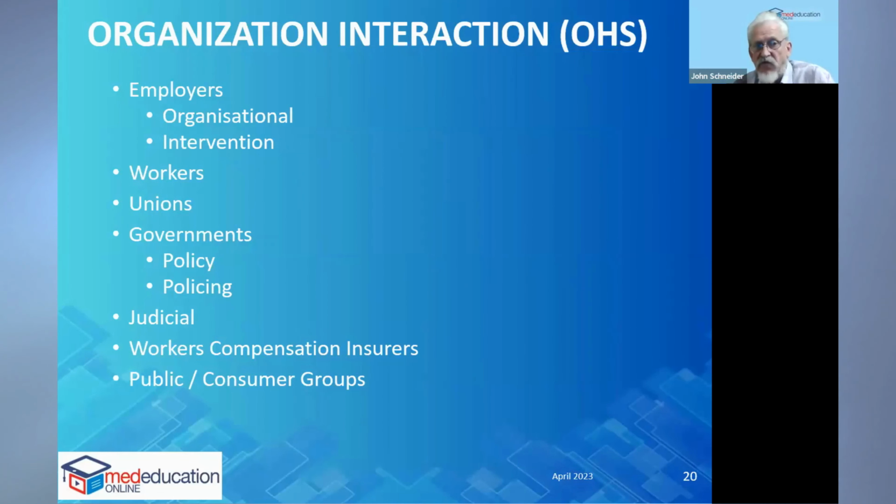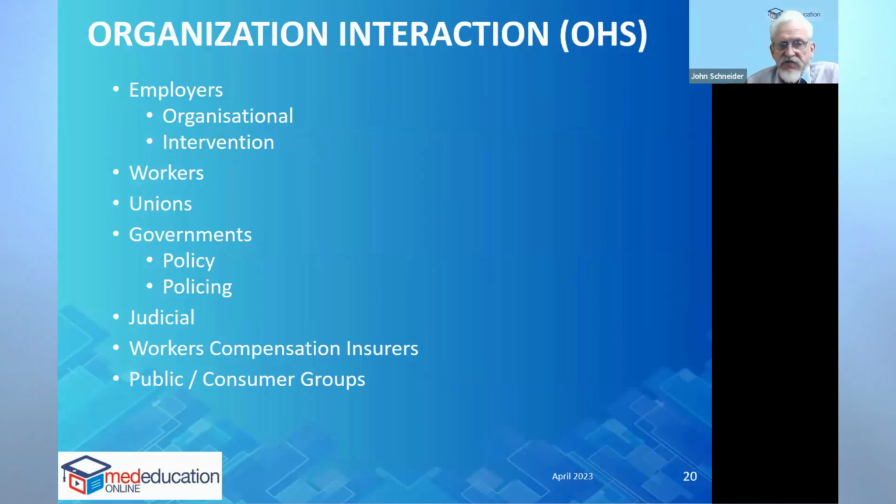The employers, the organisation that the person is working for, and intervention from that sector, other workers, unions, governments in making policy and hopefully policing policy, the judicial system, particularly when there are some problems that can't be dealt with, or some concern about whether they've been dealt with adequately enough, workers' compensation insurers, and the general public.